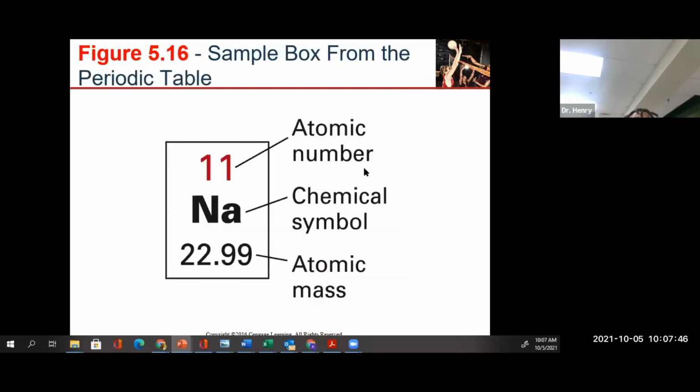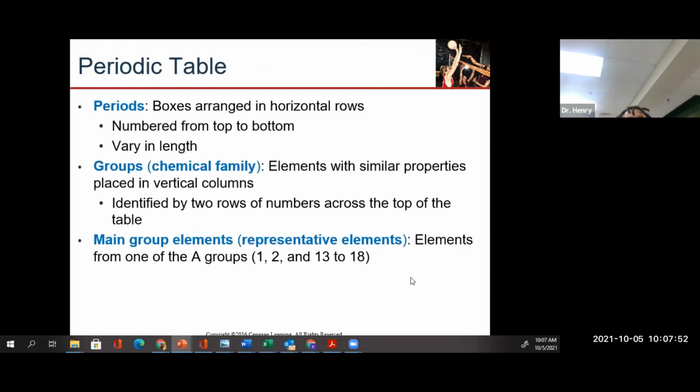Okay, we've already talked about the atomic number, the chemical symbol, and the mass number. You guys are already familiar with that. So I told you about the periods, I told you about the groups. The thing about the groups is that the elements in the same group are going to behave very similarly to each other. They're going to have characteristics that are very similar, so you want to keep that in mind.